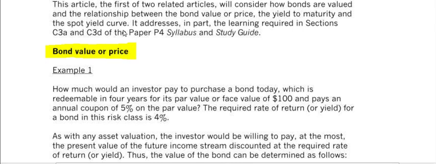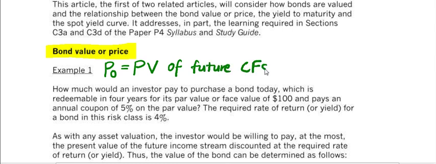Now, you must understand that the price of a bond is always the present value of the future cash flows. Is that okay? The price of a bond is the present value of future cash flows.